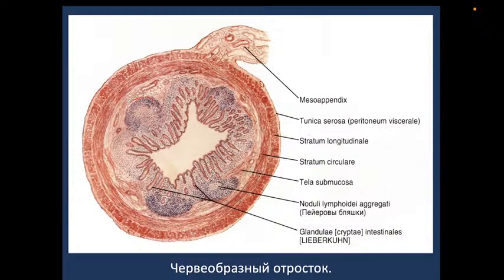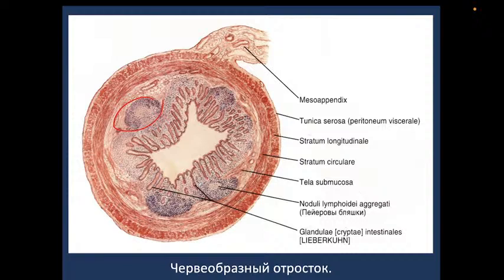Here you see follicles or noduli aggregates in the appendix. It means the appendix, a very small structure, is an organ of the immune system, because it consists of noduli lymphoid aggregate.